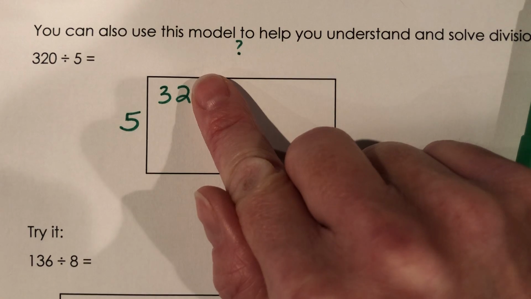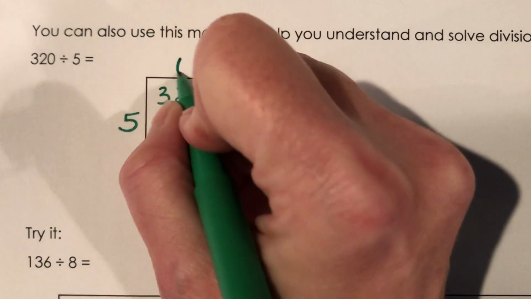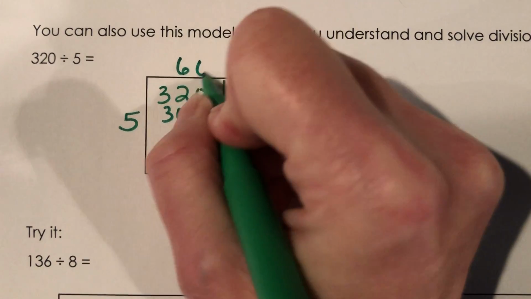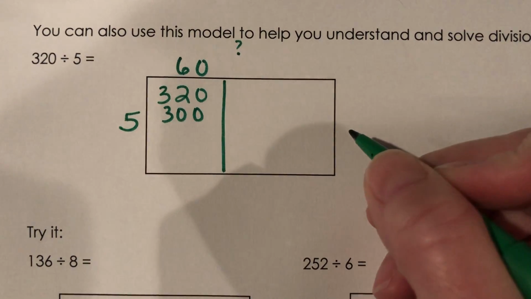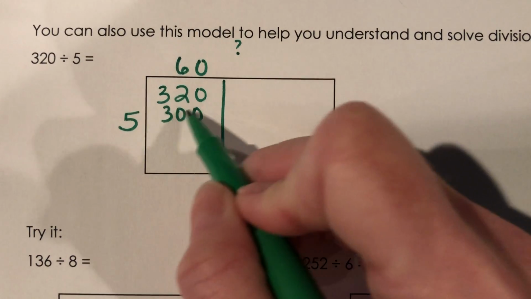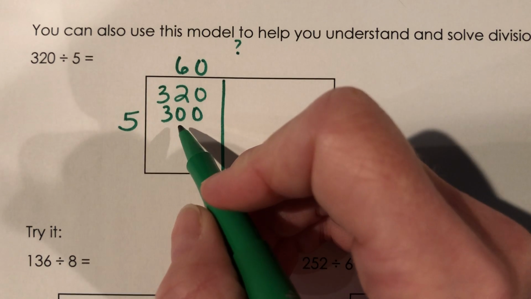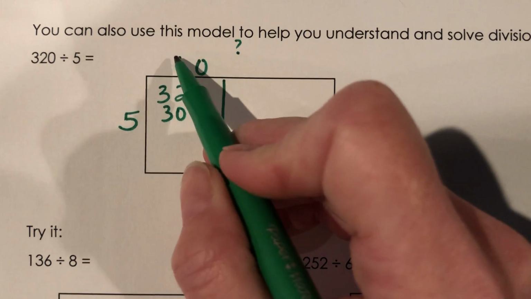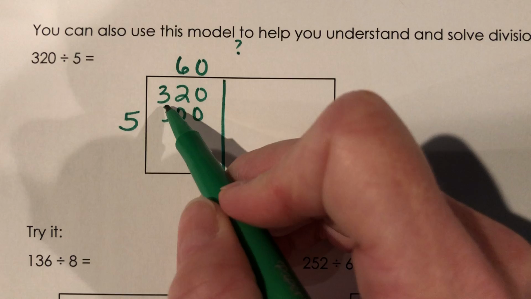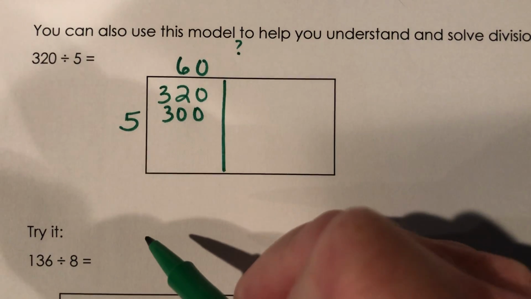So 5 times 60 is 300. So 5 times 60 is going to get us closest to 320. I couldn't do 5 times 70 because that would give me 350, which is more than 320.